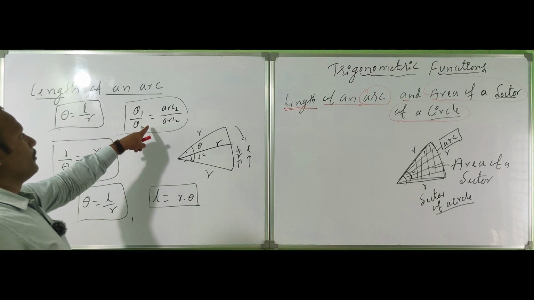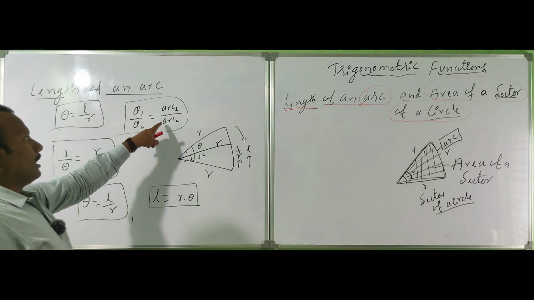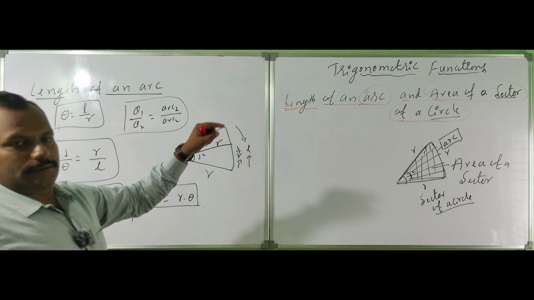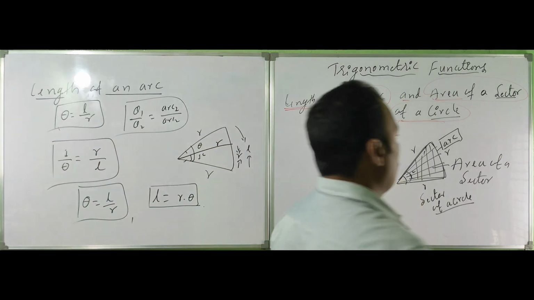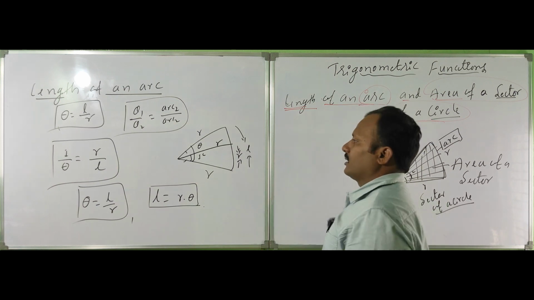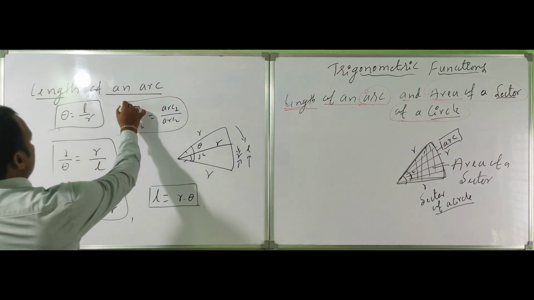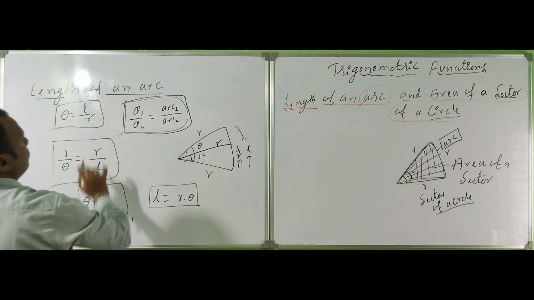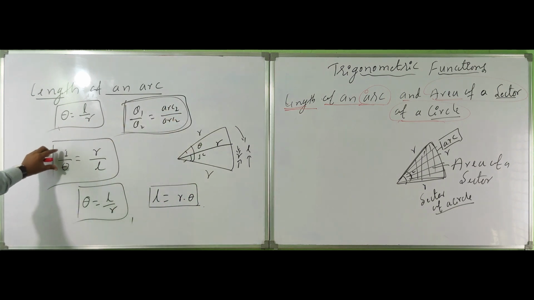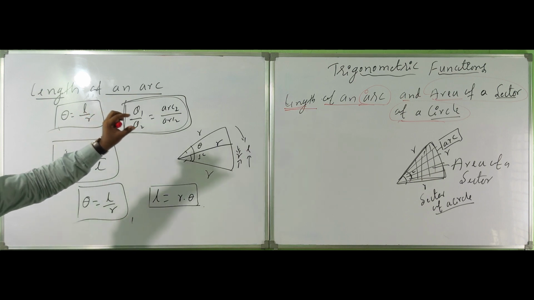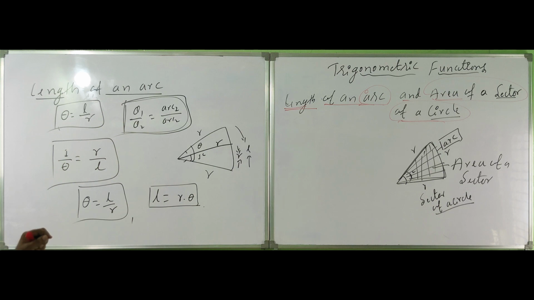The ratio between the two angles is equal to the ratio between the corresponding arcs. That's the theorem, the formula; I can also call it an identity or standard. So the ratio between the two angles is equal to the ratio of the corresponding arc lengths.